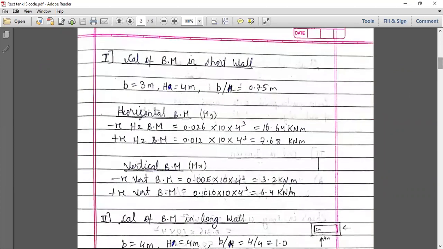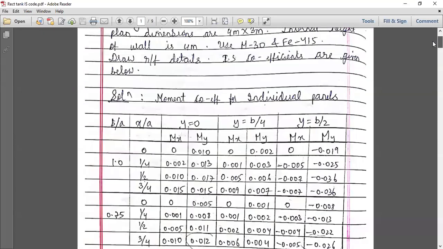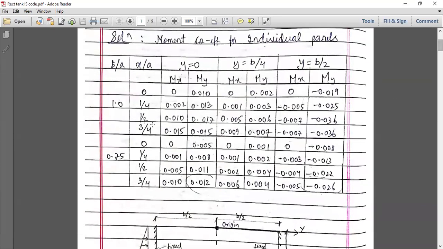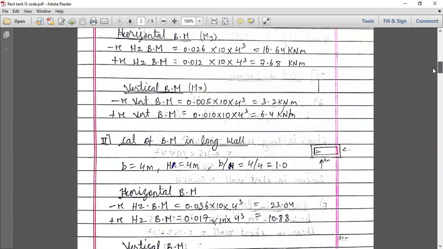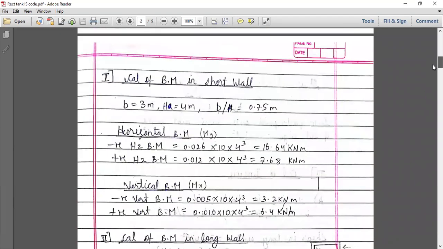Then when you find out the vertical bending moment you will have to check in Mx. इसके लिए वापस नेगेटिव एंड पॉजिटिव विल फाइंड आउट. तो नेगेटिव बेंडिंग मोमेंट के लिए नेगेटिव कोएफिशिएंट चेक करेंगे Mx. ठीक है, Mx में नेगेटिव कोएफिशिएंट यहाँ पे है, तो इसमें मैक्सिमम कौन सा है? 0.005. सो दैट आई हैव टेकन 0.005. ओके, एंड देन सिमिलरली फॉर पॉजिटिव Mx के लिए पॉजिटिव कॉलम में देखेंगे.